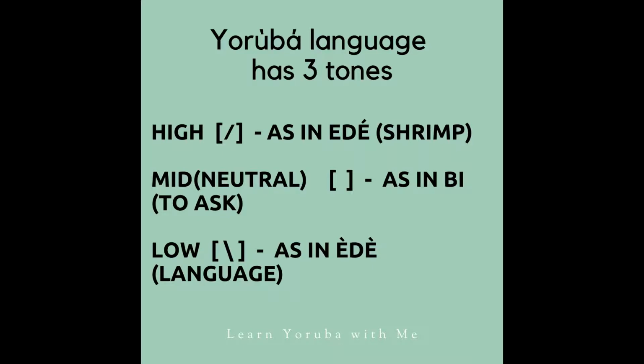It's usually empty, basically, above the word, as in the Yoruba word be, which is like ask. Be, ask. Then we have the low intonation, which is shown by the uptick towards the left, as in the Yoruba word ede, ede. Today we are learning Ede Yoruba, the Yoruba language.